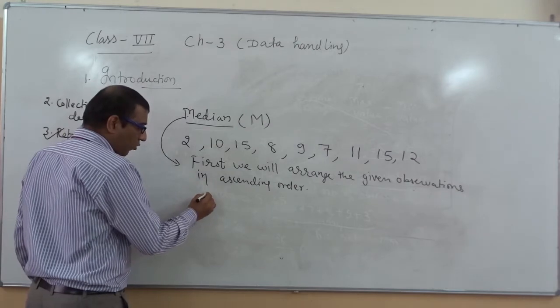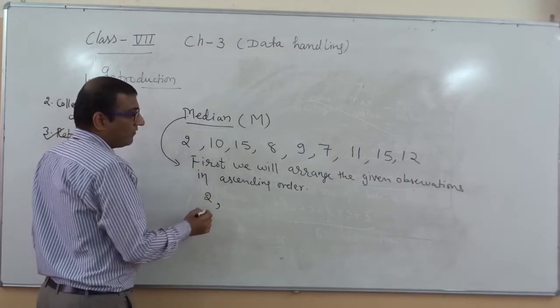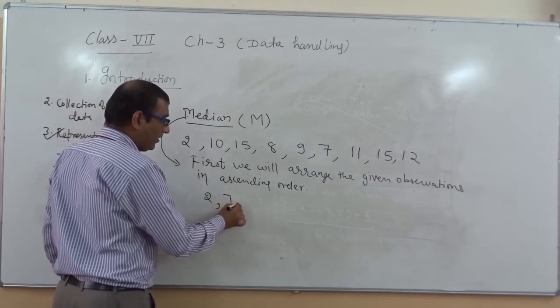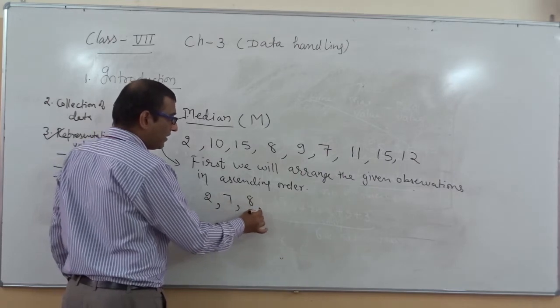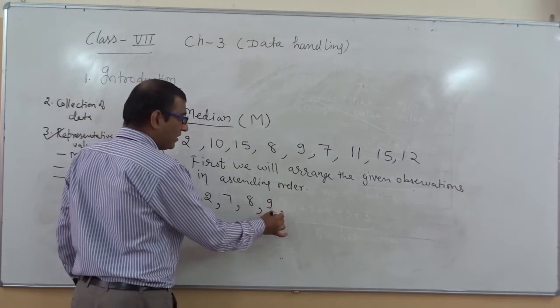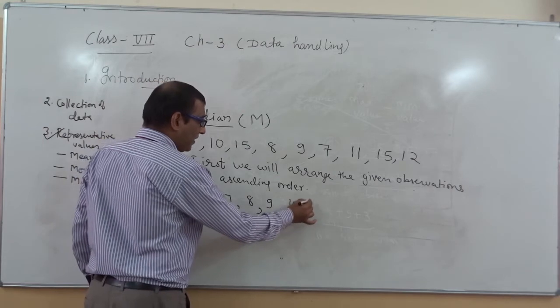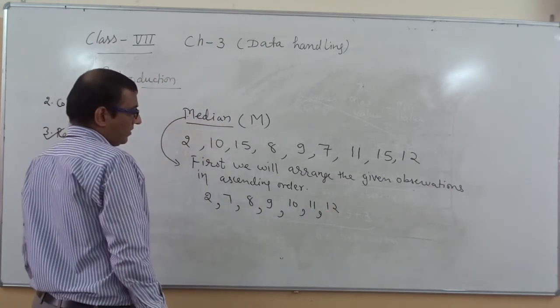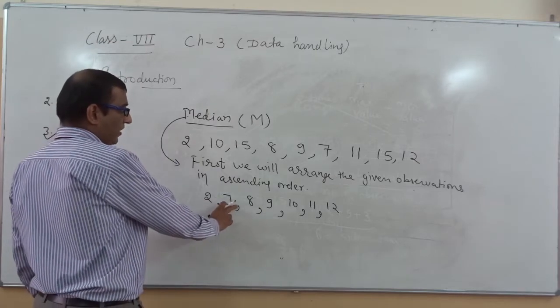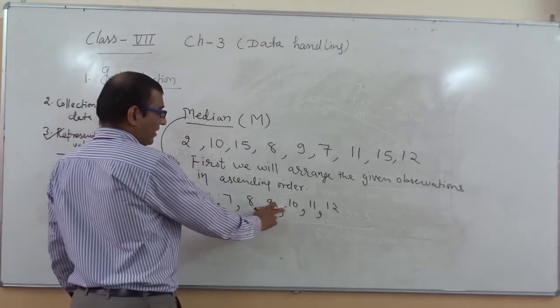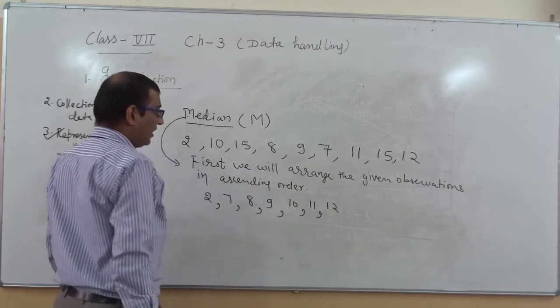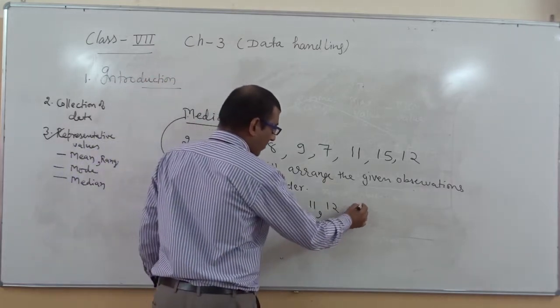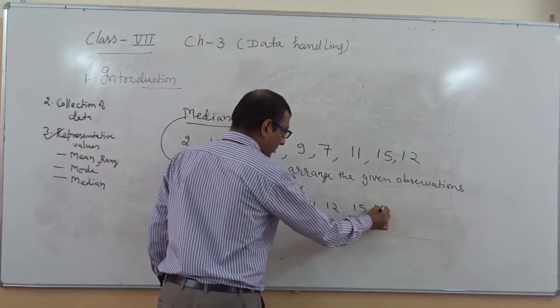First we will take the lowest value, that is 2, then we will take 7, then 8, then 9, then 10, then 11, then 12. So 2, 7, 8, 9, 10, 11, 12, and then we will take both 15.